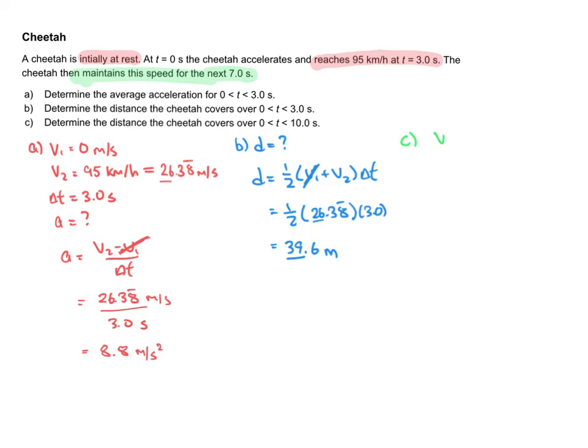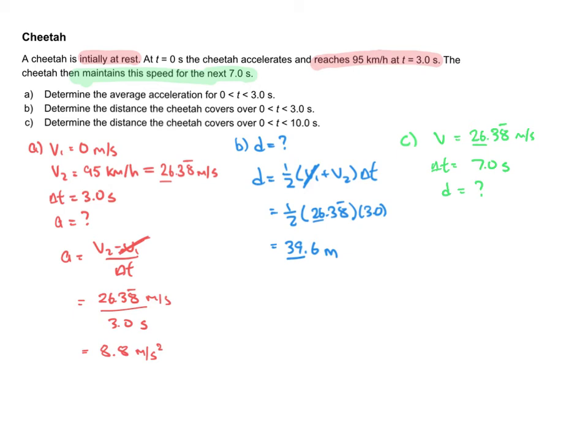So I'm just going to start a new list here. So the speed, 26.38 repeated meters per second. The delta t, I'm going to do this for a 7-second interval. And I'm trying to find the distance. I'm going to add a heading here, actually.